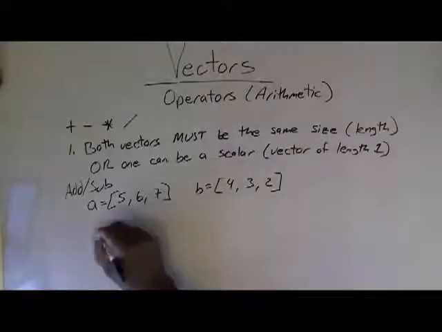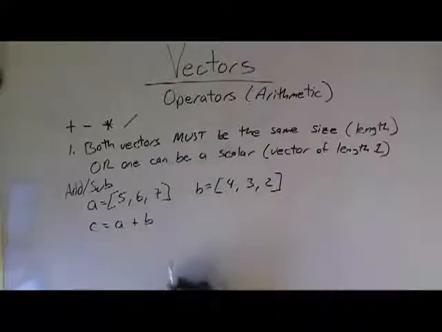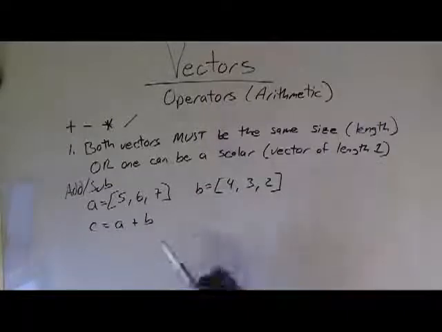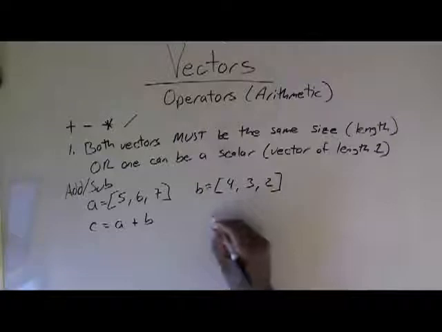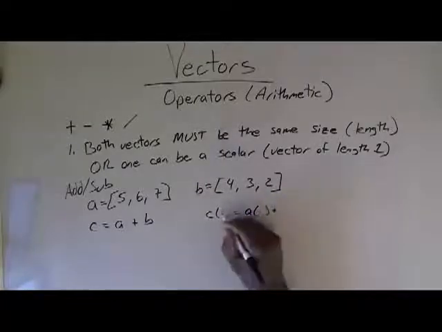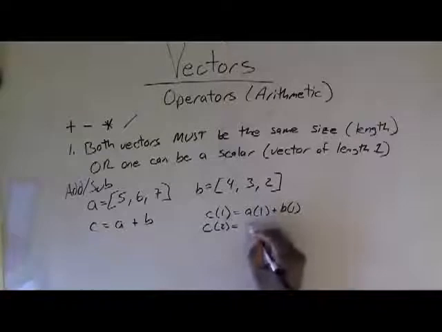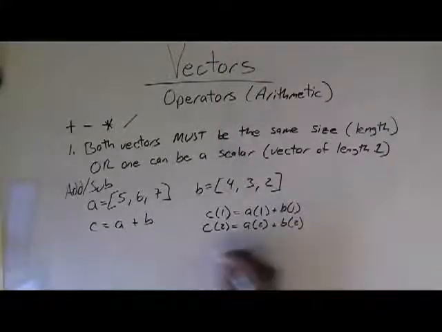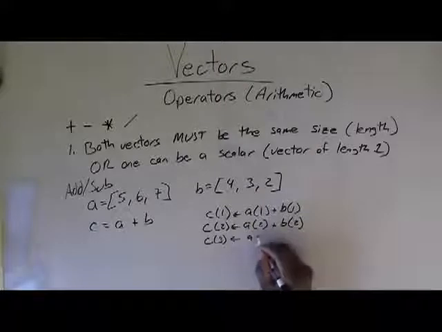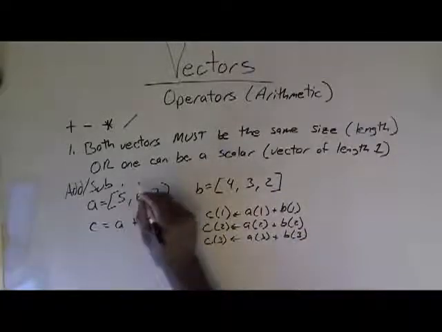If I do vector C equals A plus B, we're going to add each corresponding element in vector A with vector B. So C at 1 is going to get A1 plus B1, C2 is going to get A2 plus B2, and C3 is going to get A3 plus B3.